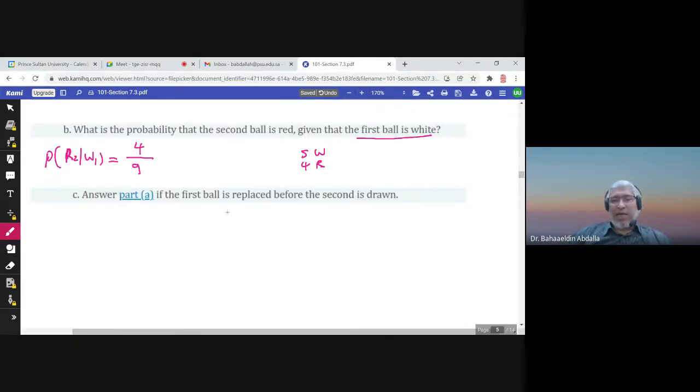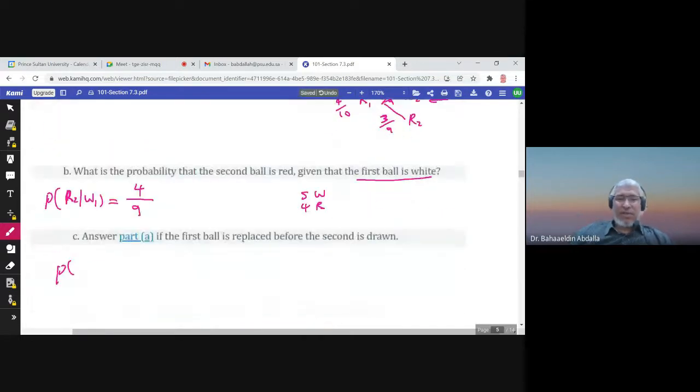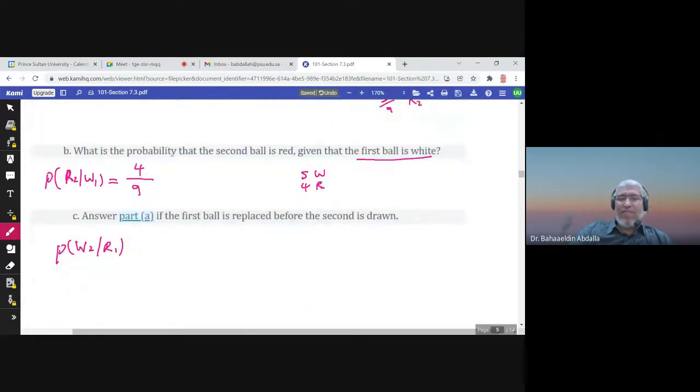Answer part A, if the first ball is replaced before the second is drawn. Replaced means we put the ball back. So part A now, what is the probability that the second is white, given that the first is red? Well, after the first draw, we put the ball back.